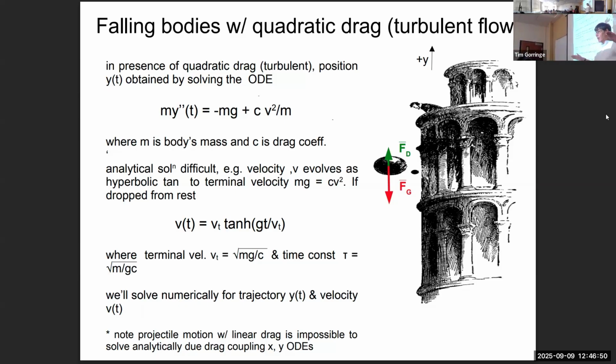So what we're seeing here is that instead of the velocity evolving exponentially towards the terminal velocity, which is the case for linear drag, here the velocity evolves as a hyperbolic tangent of time towards the final terminal velocity. In both cases they're evolutions towards the terminal velocity, but one's exponential and one's determined by this hyperbolic tangent.